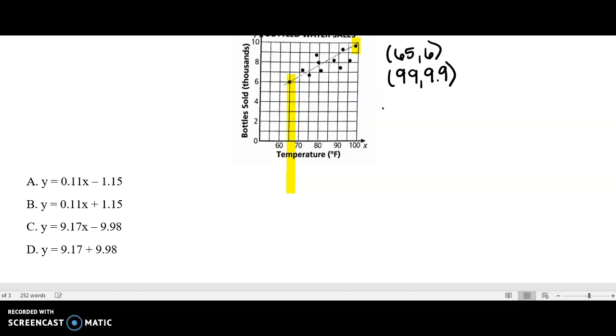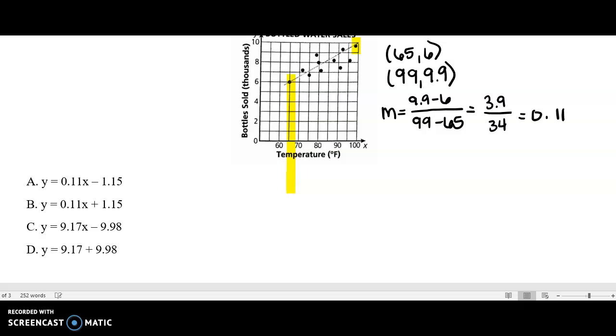So I'm going to find the slope of this: y2 minus y1 over x2 minus x1. So 9.9 minus 6, 99 minus 65, get 3.9 over 34, and that gives me 0.11.